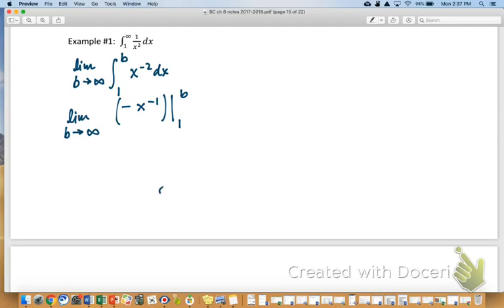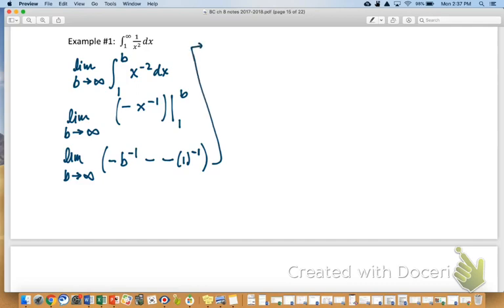So hopefully, again, this is a familiar feeling step. Limit as b goes towards infinity of negative b to the negative 1 minus the negative of 1 to the negative 1. A lot of negatives. You just want to be super careful that you don't lose one of them.